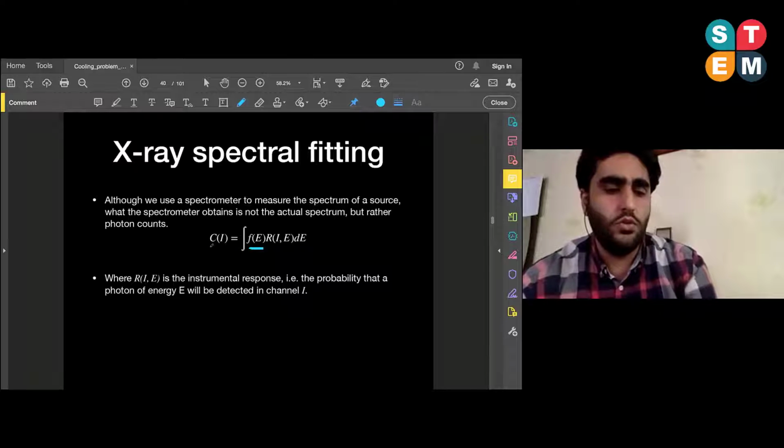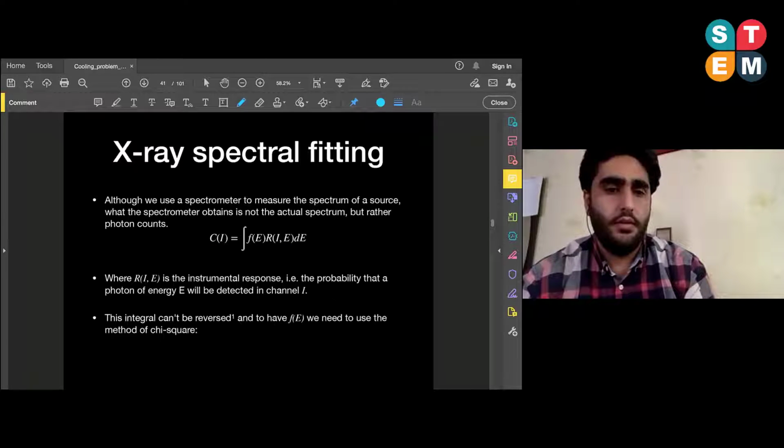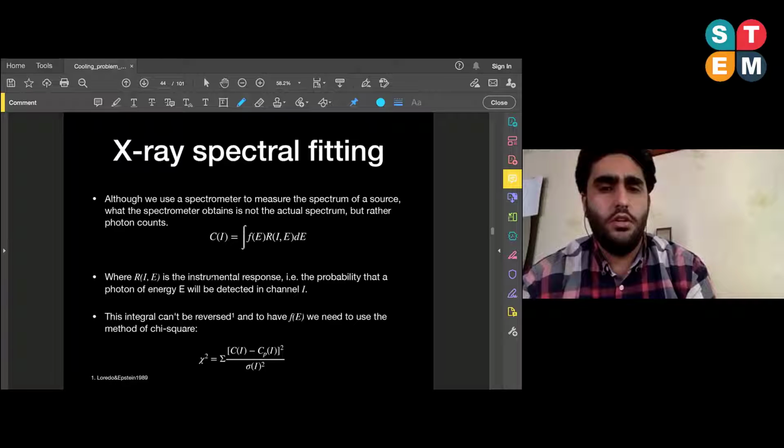Photon counts are related to a real spectrum via the response function of the telescope, which is the probability of observing a photon of energy E in channel I of the telescope.